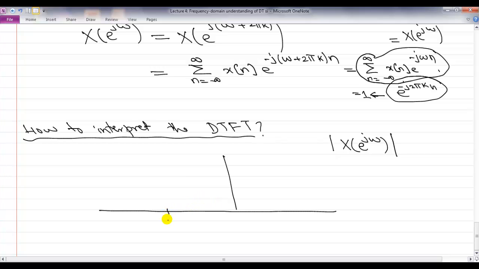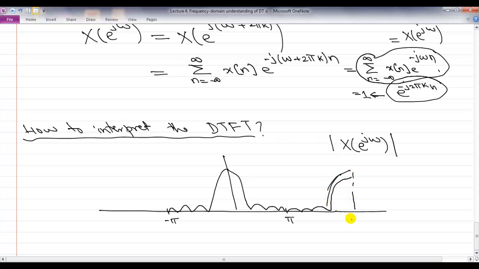So between minus pi and pi, I have something like this. And I want to make sure that you understand that after this, it will just repeat itself. So it's periodic, which means that after this, it will go back and repeat itself.